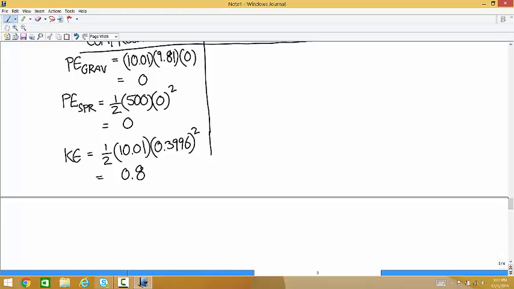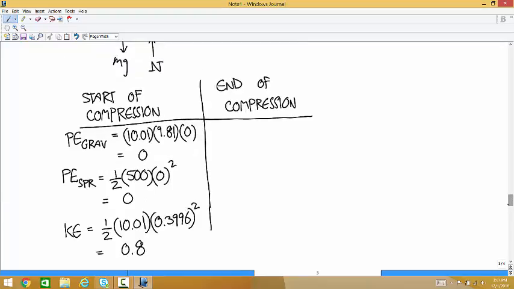Okay, and then at the end of the compression, what's the height of the system? It hasn't changed, so it's still 0. What's the compression of the spring? We don't know.